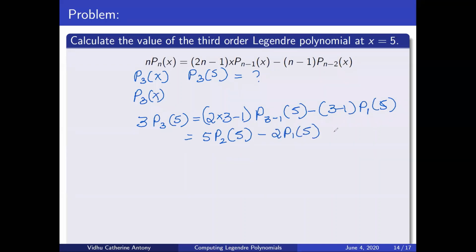What is P1 of 5? Any Legendre polynomial of the first order is the input value itself. So you have 5 times this minus 2 into 5 itself. What is P2 of 5 is what we need to calculate. So I will just clear all of this.